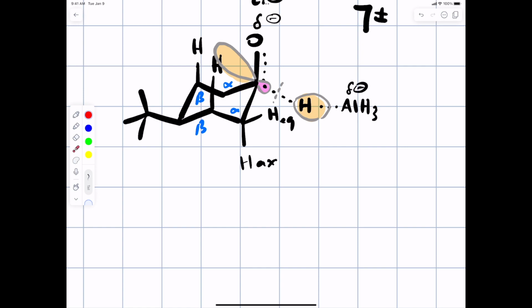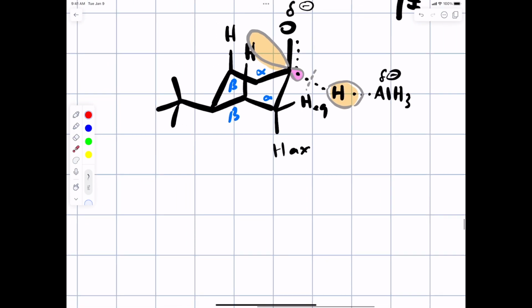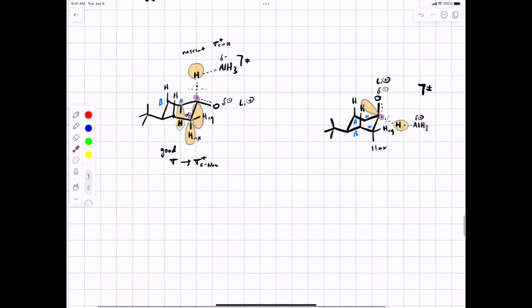And I looked in your text, and they don't necessarily have a great explanation for that either. Because as you look at that, I'm like, well, okay, but it sort of aligns fine with those bonds, right? And the argument is the overlap is better here. But I do wish I had a better answer for you on that. Okay. Yes?